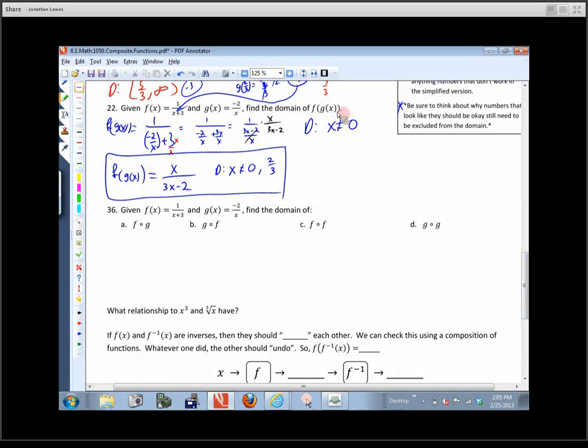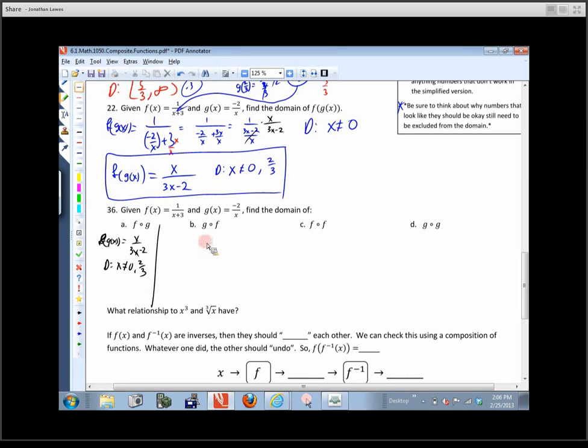This one says f of g of x, so we've taken care of this one right here. So f of g of x, and I'm going to write it using this notation because I like that a lot better. You can literally see what's getting plugged into what. It's x over 3x minus 2, and the domain is x not equal to 0 or 2/3. So that part's done for us.